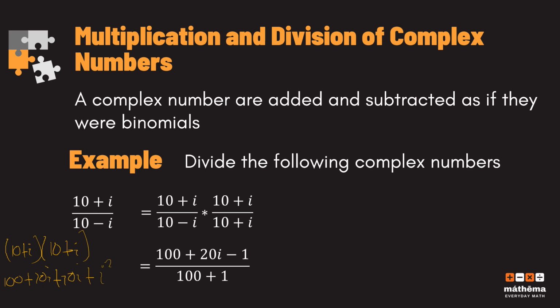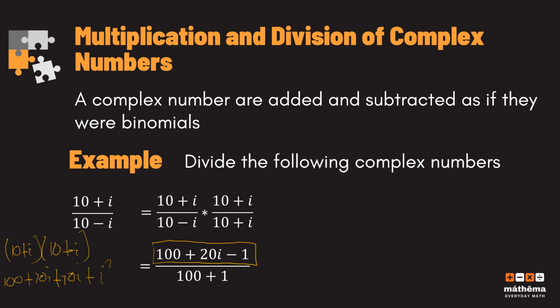Simplify: 100, 10i plus 10i is 20i. And then, what is i squared again? That is just negative 1. So 10 plus i times 10 plus i is equal to this numerator, or 100 plus 20i minus 1.